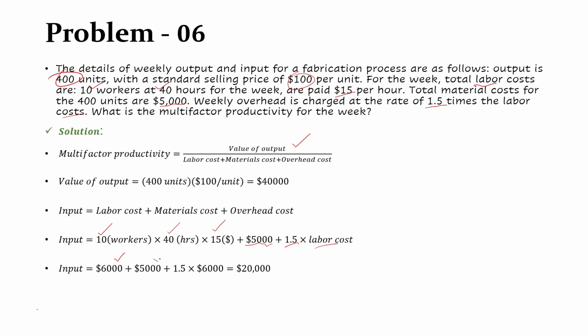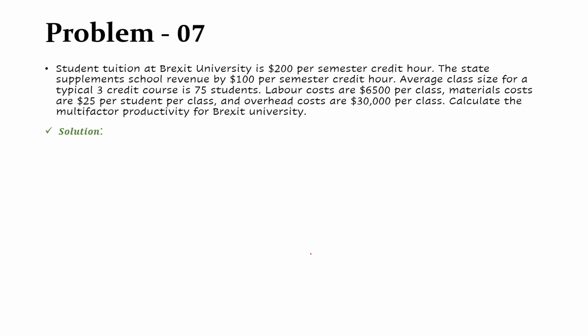We have the material cost as $5,000 and the overhead cost is 1.5 times $6,000, which is equal to $9,000. So the overall value for the input is $20,000. Now we calculate the multi-factor productivity by dividing the output by input and our answer is 2.